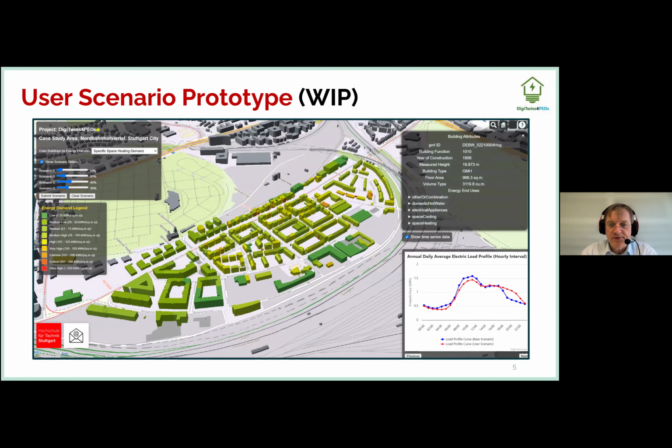Here's another prototype of the Stuttgart scenario, and here you see an interactive component, which is the newest development that we want to test with users in the case study.